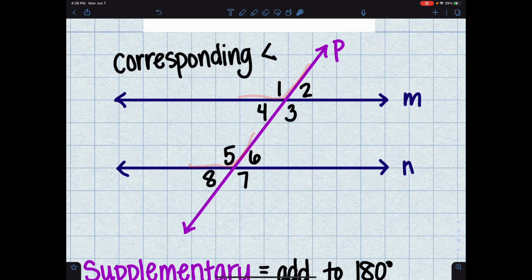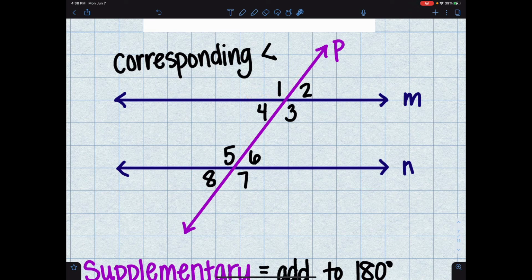If you just move this angle down, you'll get angle 5. So 1 and 5 are corresponding angles because they're in the same position, kind of. Like if you're playing Foursquare, this is the upper left, and if you're playing Foursquare on the bottom, this is the upper left.